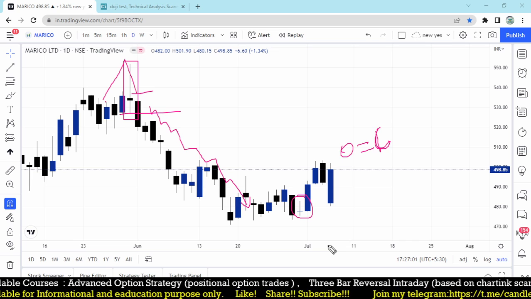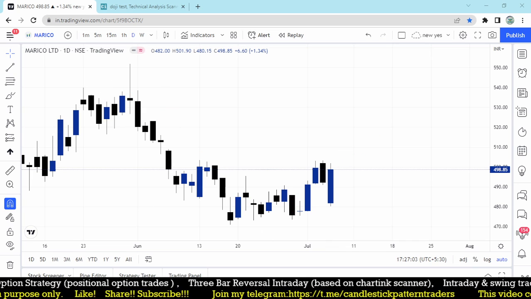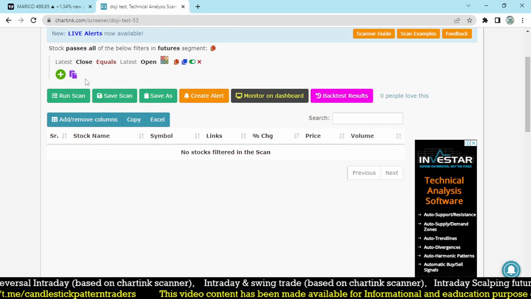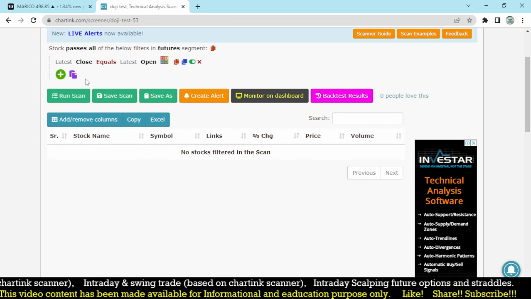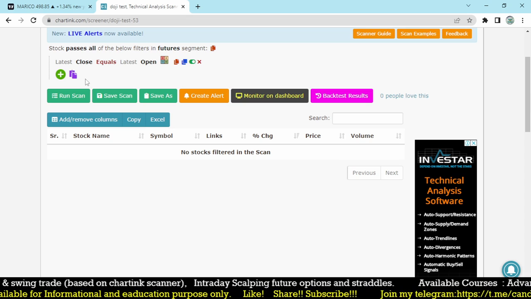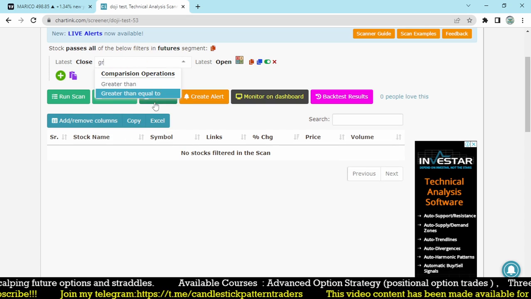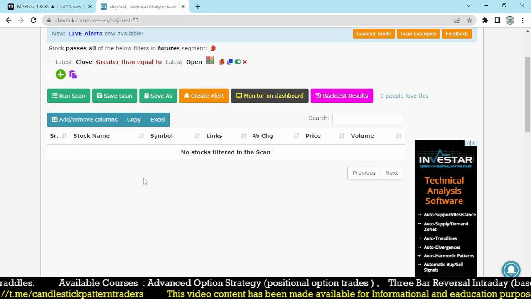So to avoid that, we are using the scanner here. If you use latest close equal to latest open, that would be an exact doji. But I'm going to use greater than, so I'm not confusing you here. I'm going to use a minus bracket, and you will understand why.